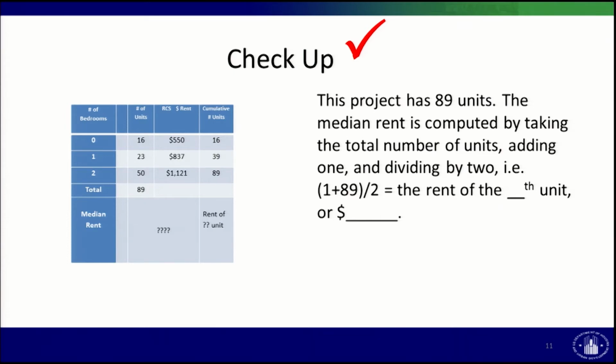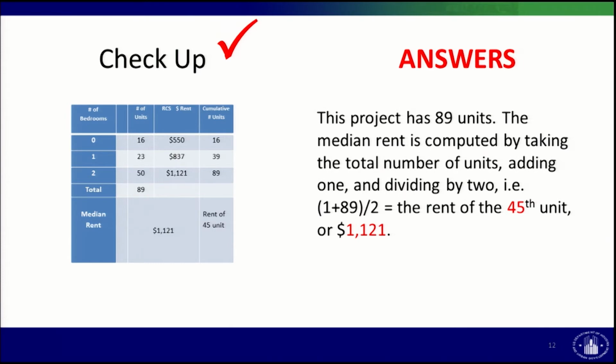I'll give you just a minute to do the math. Okay, it's been less than a minute, but this project has 89 units. In this case, 1 plus 89 is 90, divided by 2, determine the rent of the 45th unit, or $1,121.